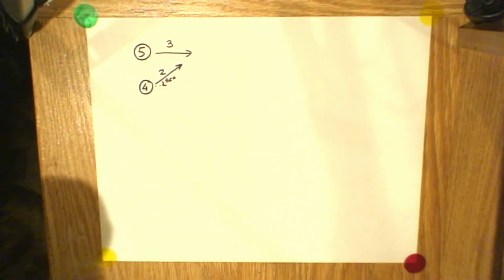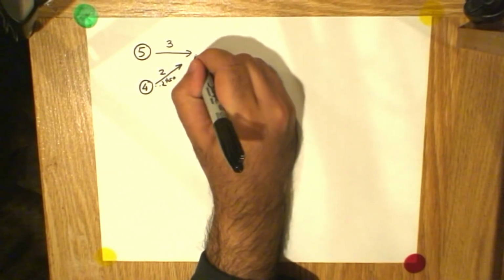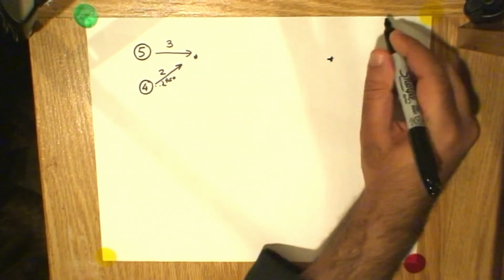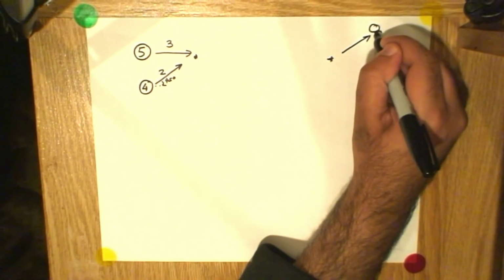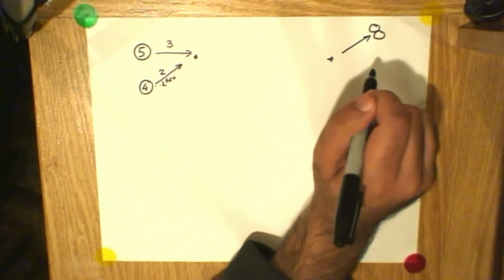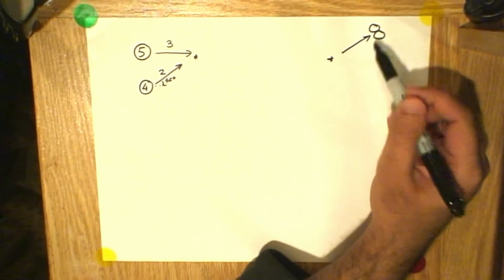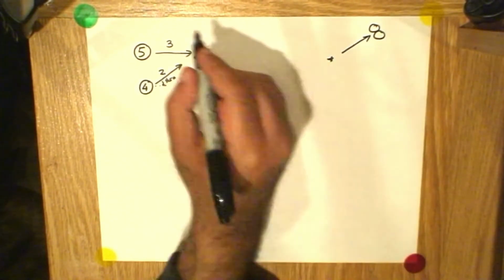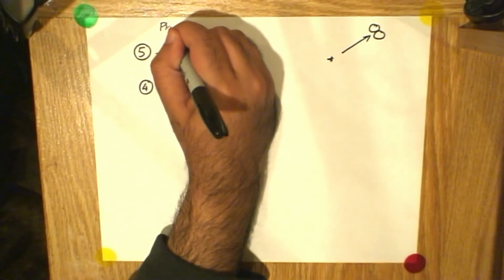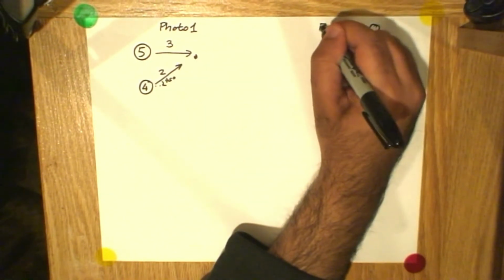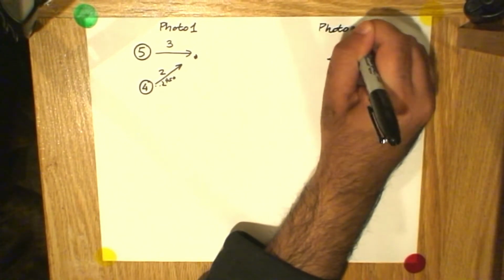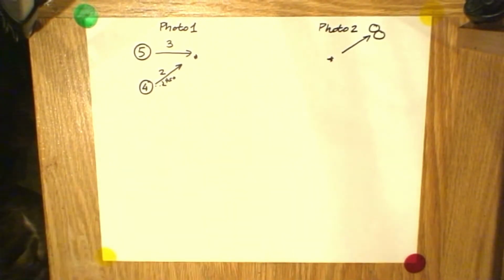Now, these two are eventually going to collide with each other. And that collision is going to produce this joint body over here, and that will go off in its own direction. So photo 1 is going to correspond to before the collision, and photo 2 is going to correspond to after the collision.